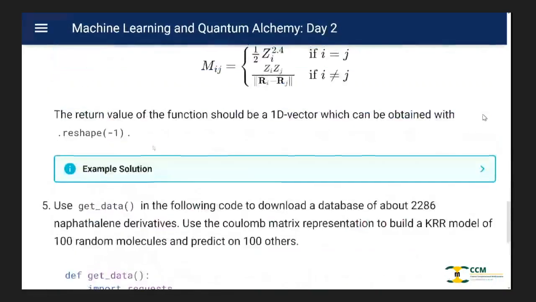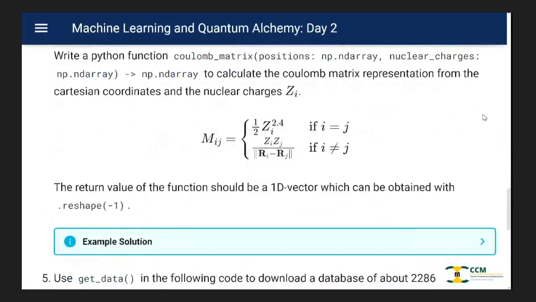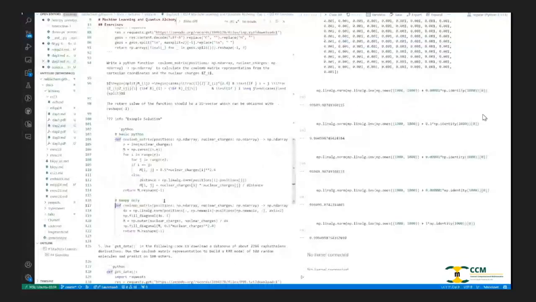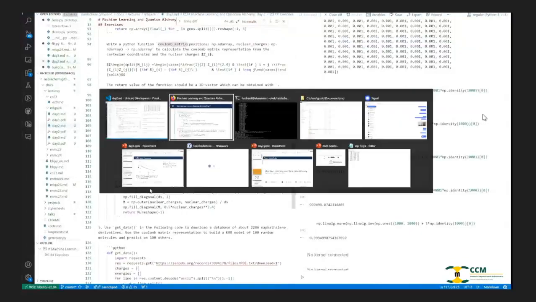And the way we had solved that was that first we figure out how many atoms there are. Then we make a new matrix, a square matrix with all zeros. And then we iterate over all rows and all columns. Then depending on whether, see, it's not correct.